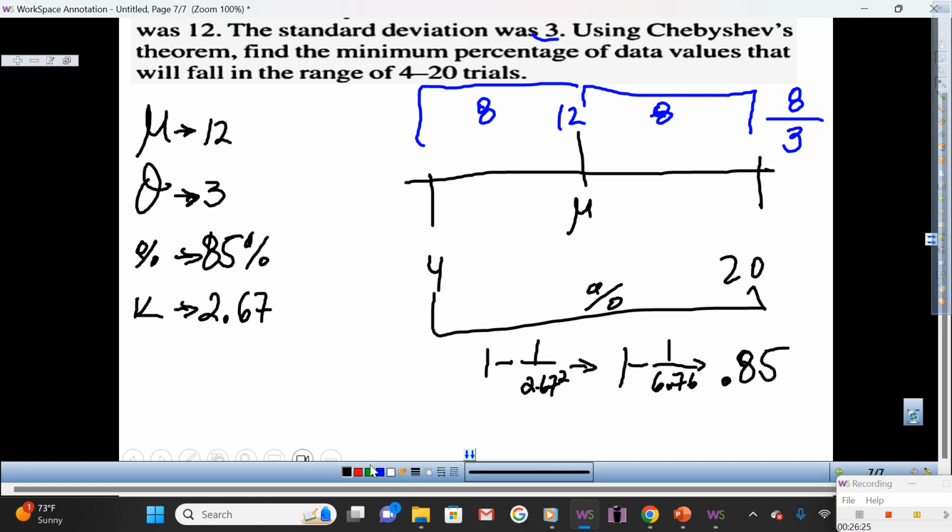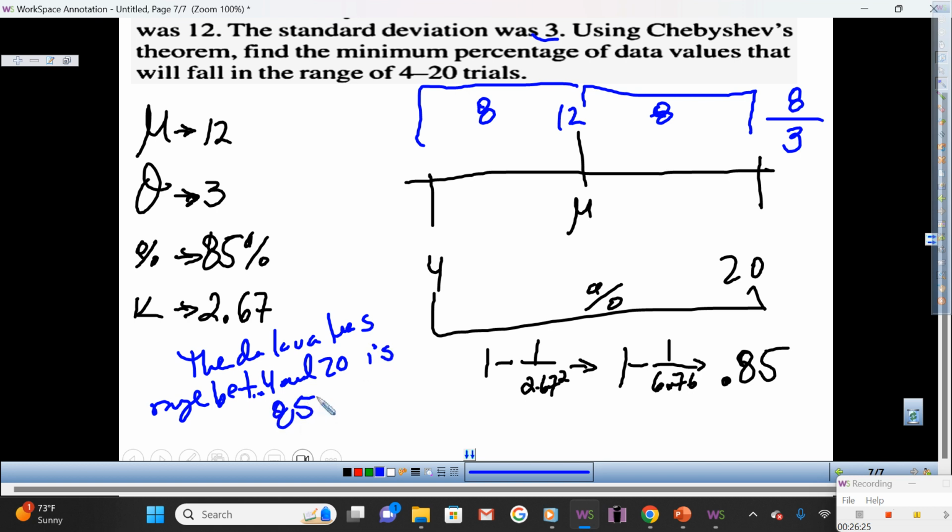Conclusion. David. The data values between 4 and 20 is 85%. 10Q. Hands if you got that?